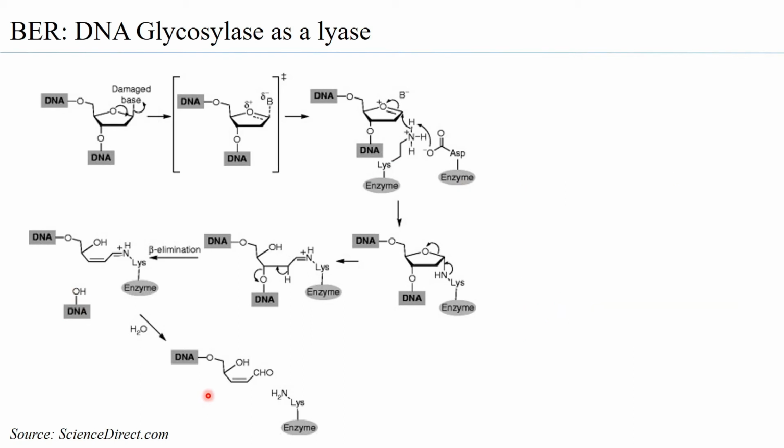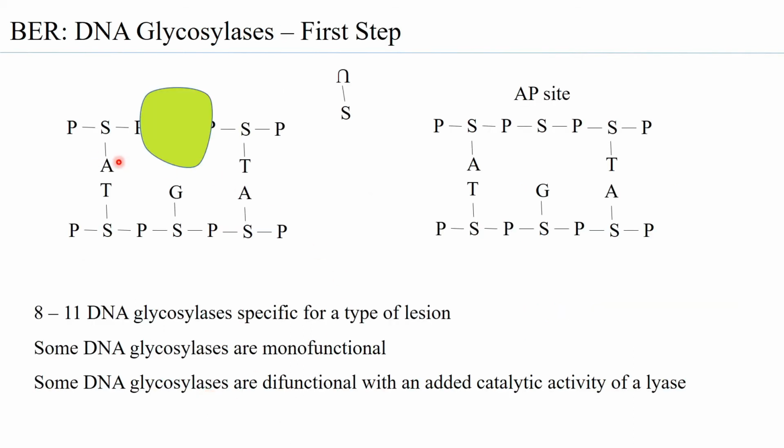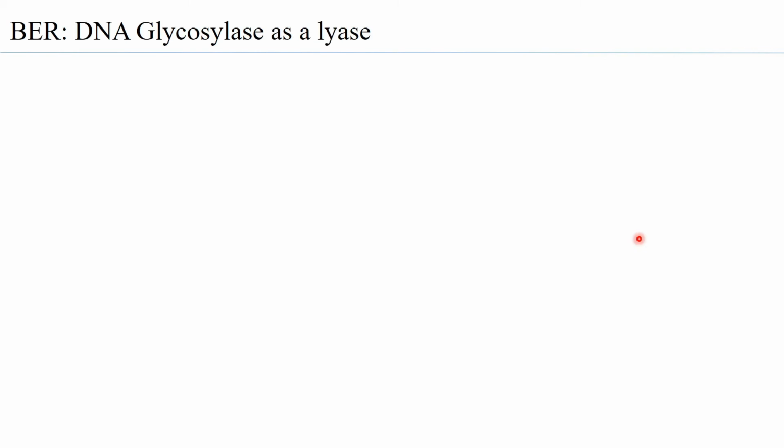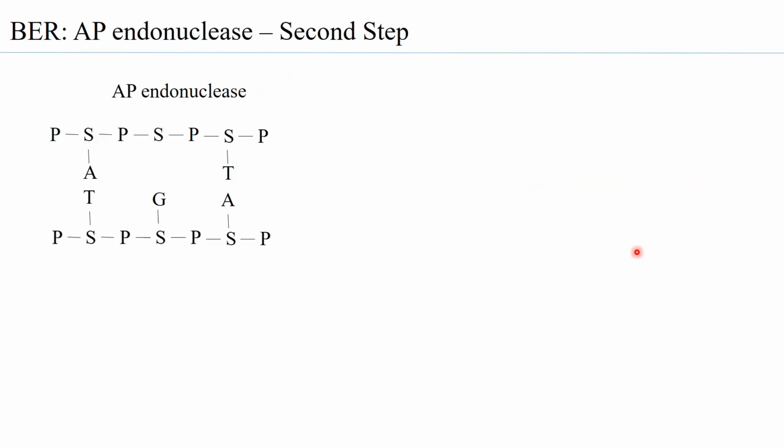However, now, having understood what the DNA glycosylase is practically doing, let us go to the next step of the base excision repair. So we come back to the situation where after the DNA glycosylase has removed the abnormal base, what remains is the sugar phosphate backbone of that strand which had the abnormal base intact, but the base is removed.